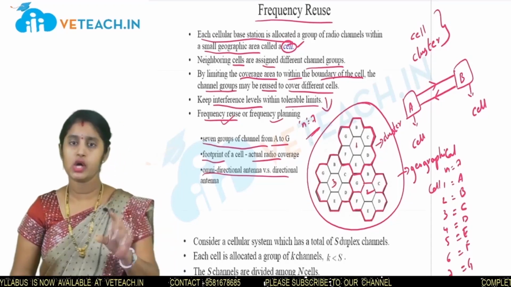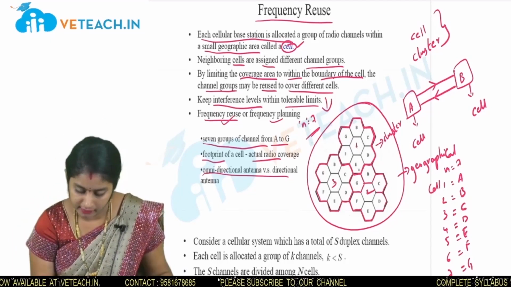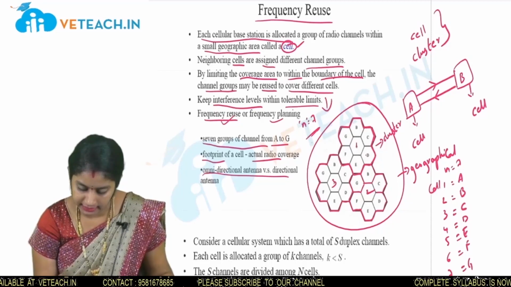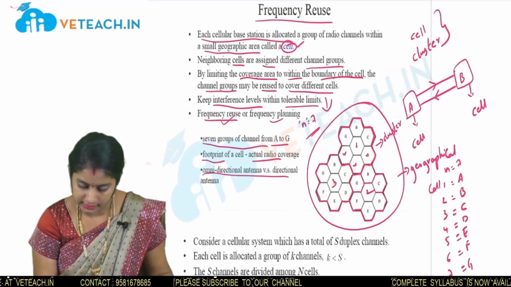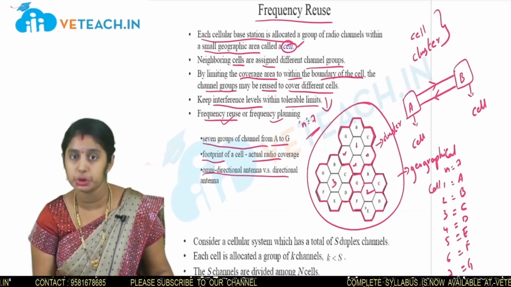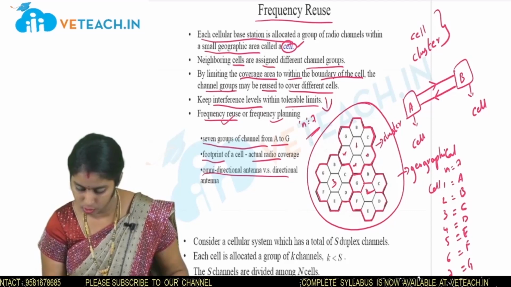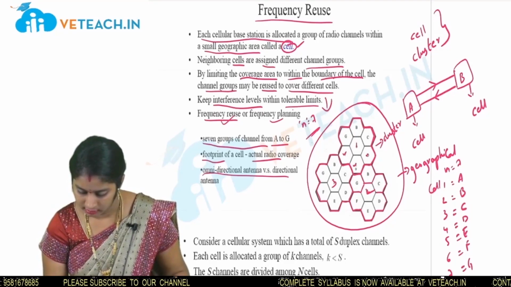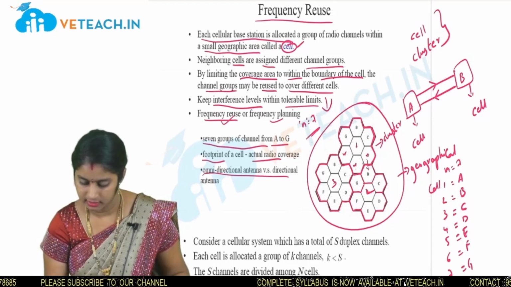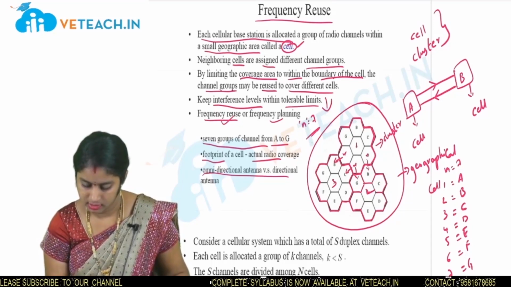If you observe carefully in this diagram, cluster 1 has the cells D, E, F, and these cells are commonly used by cluster 2 as well as cluster 3, right? So cluster 2 also uses the same cells, right? This is used here, and here, and here.